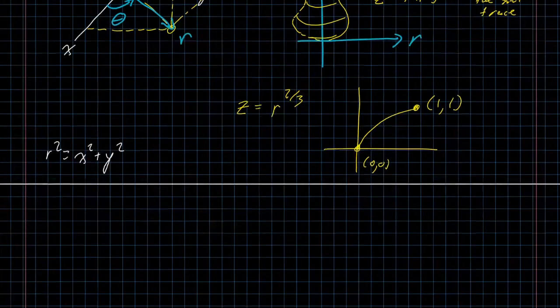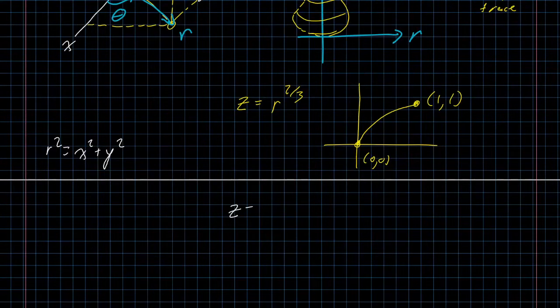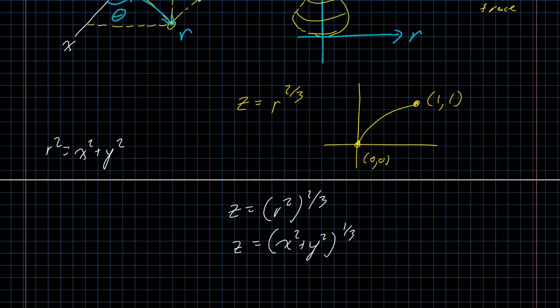Now, r to the 2/3 power, remember, is the same thing as r squared to the 1/3 power. And so we can substitute in and write this as z equals x squared plus y squared to the 1/3 power.